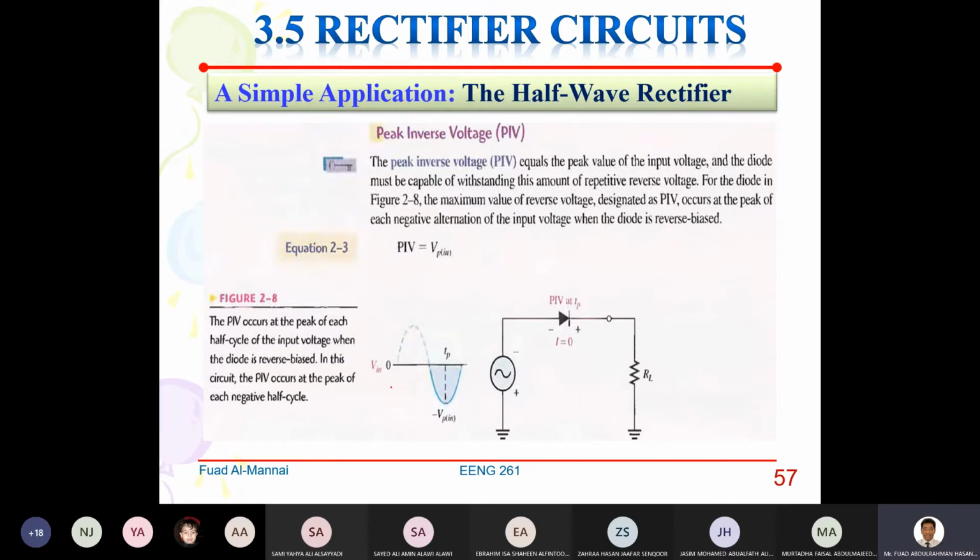If you are going to deal with 40 volt peak, then you go and buy a diode that has PIV equal to, say, 50, or 45. Get it? Everybody get that? All right.